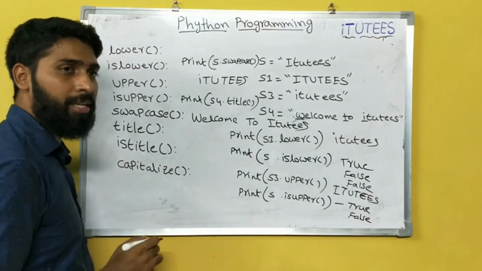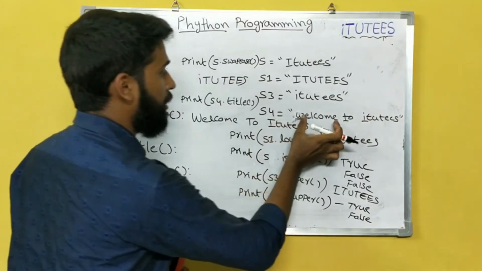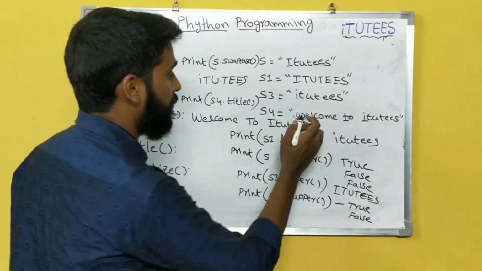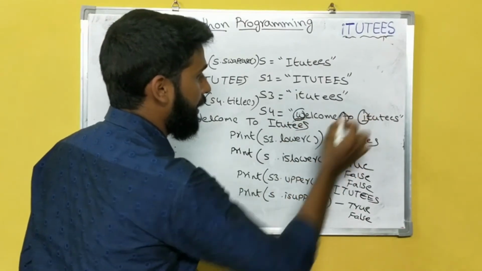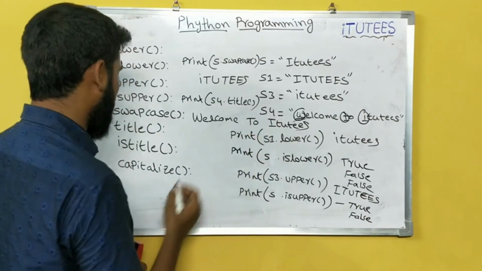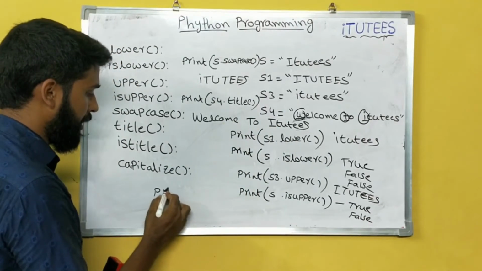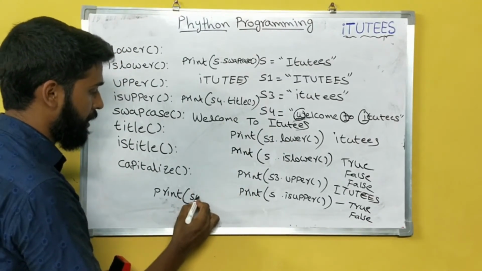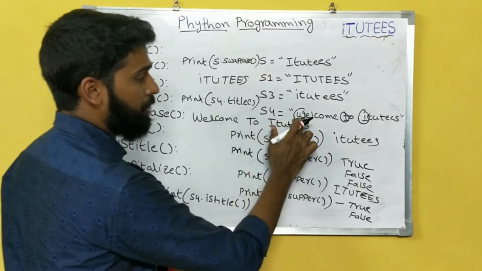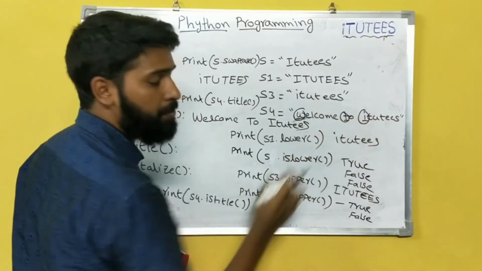And istitle. It can check whether the first letter of each word is a capital letter or not. If the first letter is capital, it returns true. If not, it returns false. So for example, in this case, print s4 dot istitle. Is title? No. It's a small w, small t, small i.